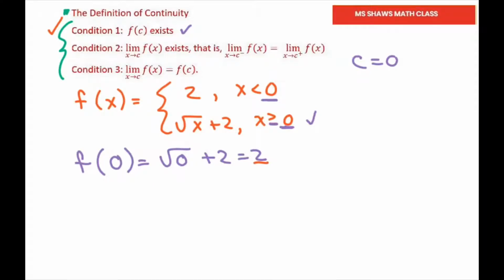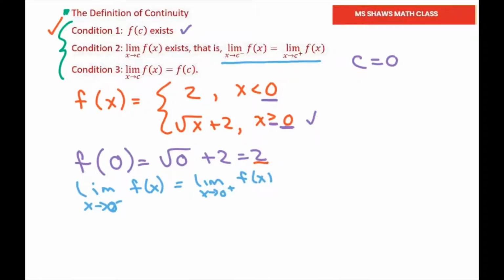All right, number 2, we've got to test the limits. What that means is, we're looking at the limit as x approaches 0 from the left of f of x, that should equal the limit as x approaches 0 from the right of f of x.